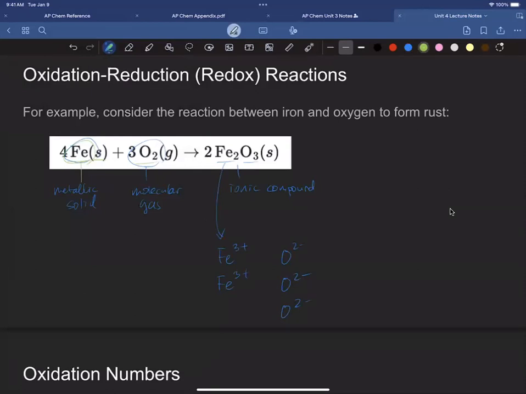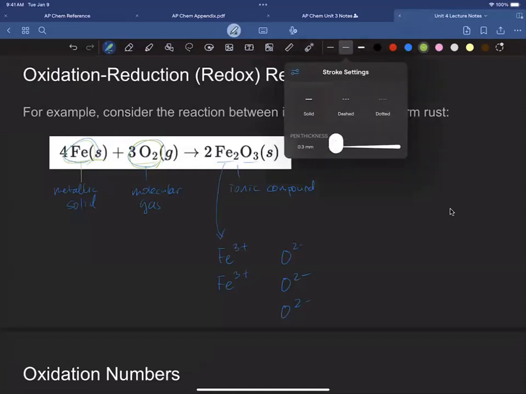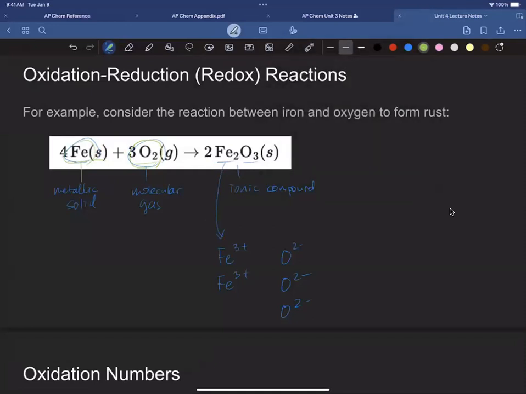So in other words, as O2 reacted with Fe, it took away three electrons from the Fe solid.